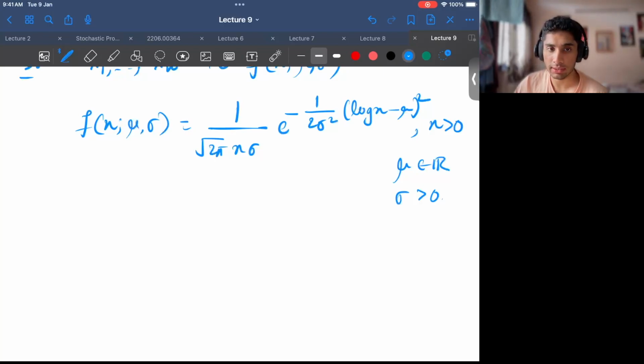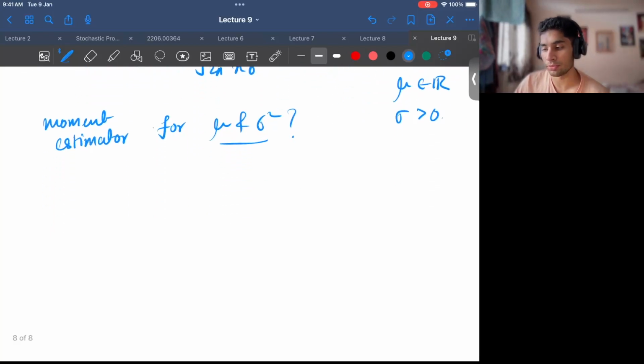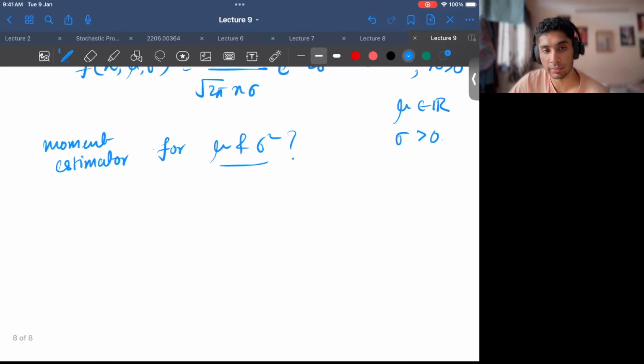The question that is asked is, what is the moment estimator for mu and sigma square? So we are asked to find the moment estimator for these two things, mu and sigma square.